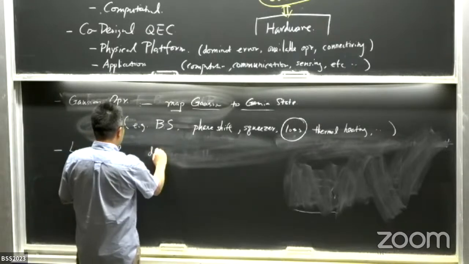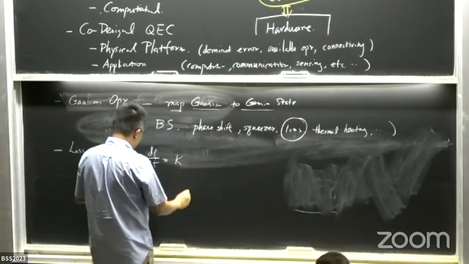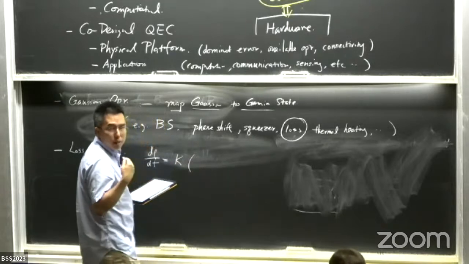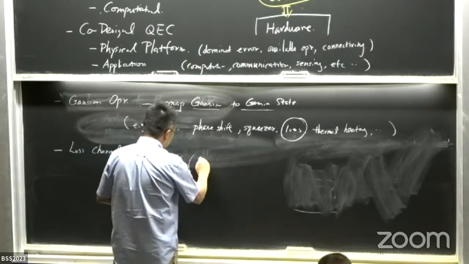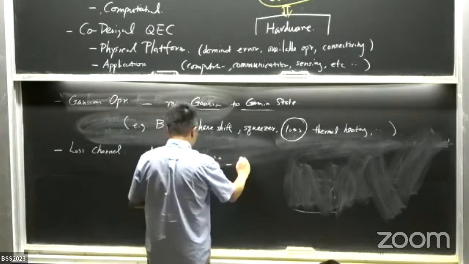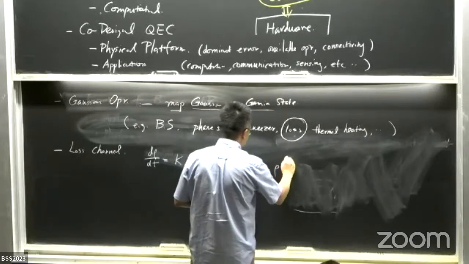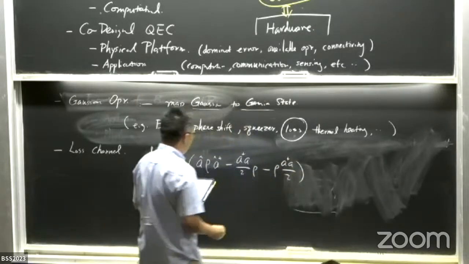So we have this Lindblad master equation for the loss channel. The jump operator is an annihilation operator A acting on rho A dagger, minus A dagger A over 2 rho, minus rho A dagger A over 2.